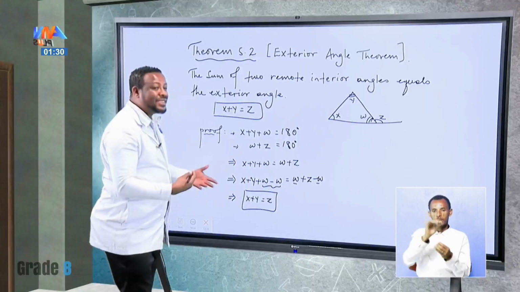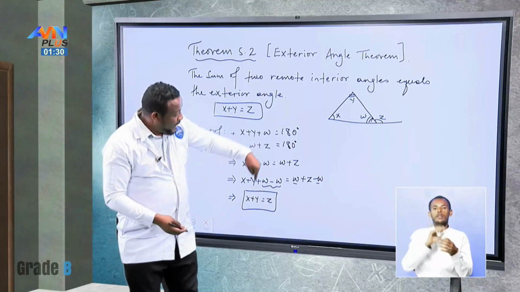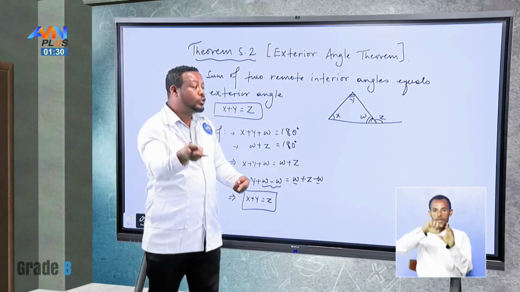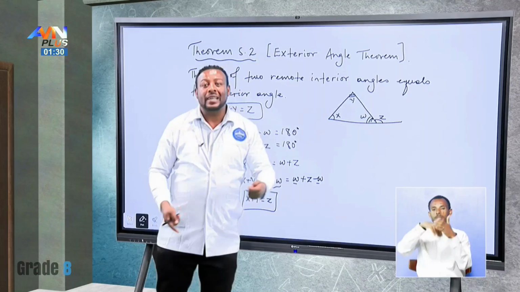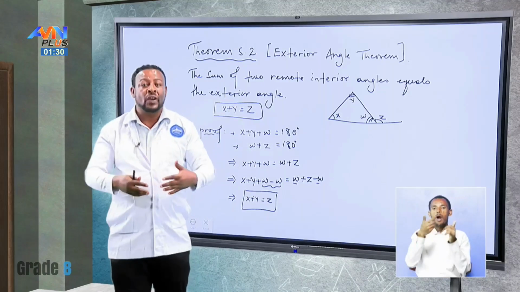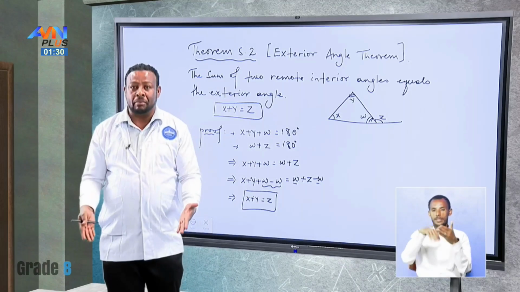So this tells us the sum of these two remote interior angles is equal to the exterior angle Z, right? So this is how we can prove the exterior angle theorem.